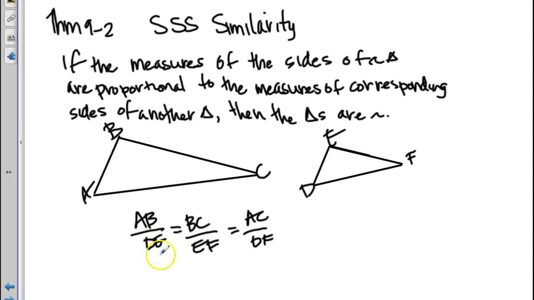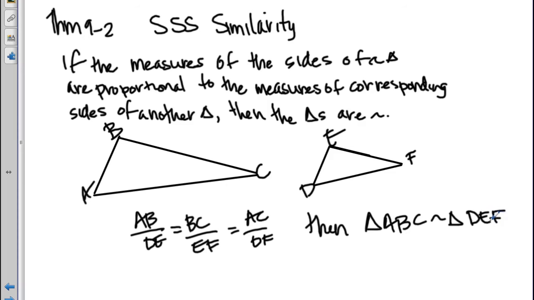Now remember what this means. When I reduce these fractions, they're all the same. So they reduce to the same number, the same scale factor. So if this is true, then the first triangle is similar to the second. So ABC is similar to triangle DEF.